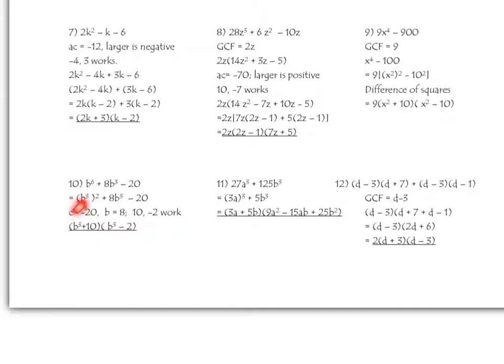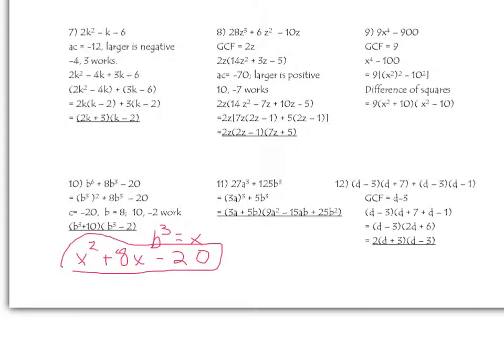You may want to replace, say, b cubed equals x, just write that down, and rewrite your problem as x squared plus 8x minus 20, which you can then factor using reverse FOIL.